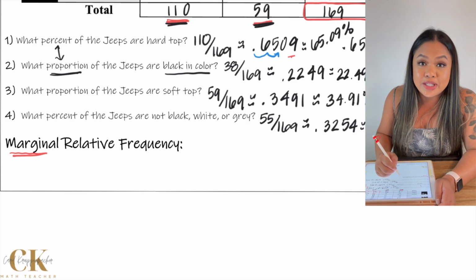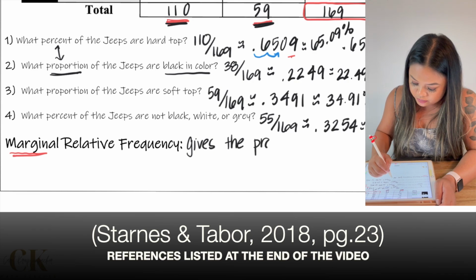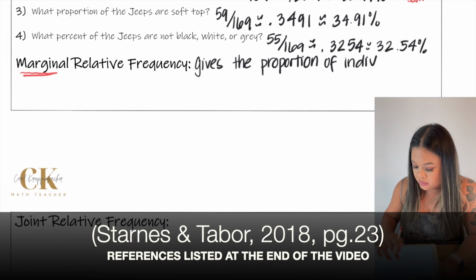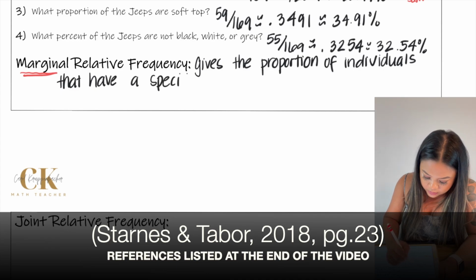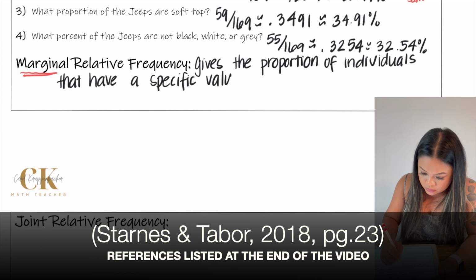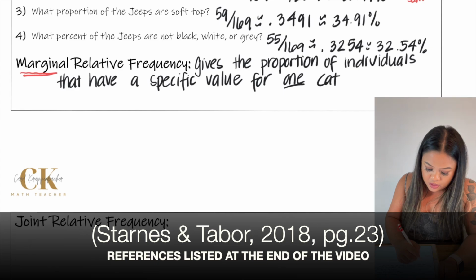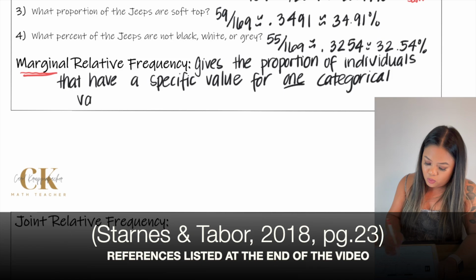So a marginal relative frequency gives the proportion of individuals that have a specific value for one categorical variable, right? And it makes sense, right? When you're looking at the margin, you're only looking at one variable, right?